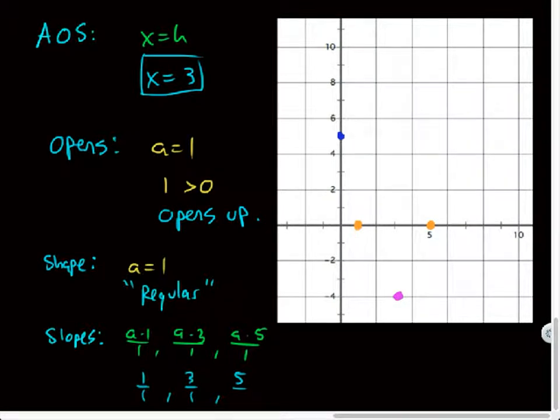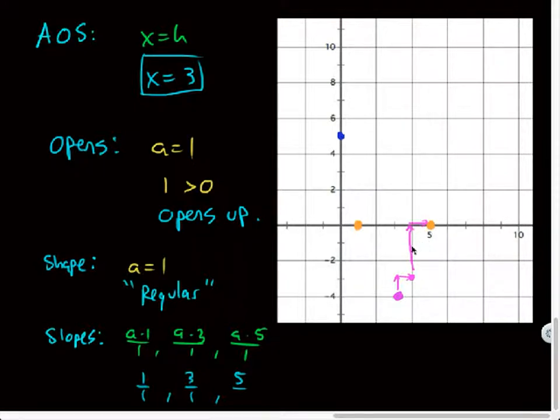Now, using my slopes technique, I can actually find a whole bunch of points, which is nice. So the slopes from my vertex, if I go up 1, over 1, there's a point. Right, so I did that by going, let's see, what's a good color to use? Maybe I'll use this color. Right, up 1, over 1. Up 3 over 1 would be the next one.